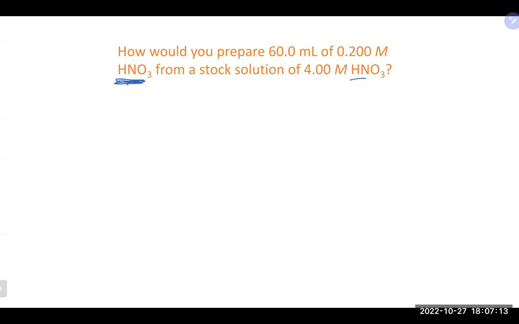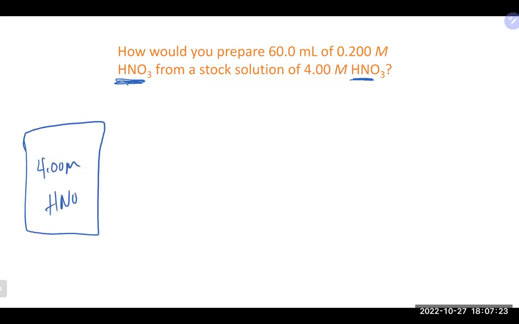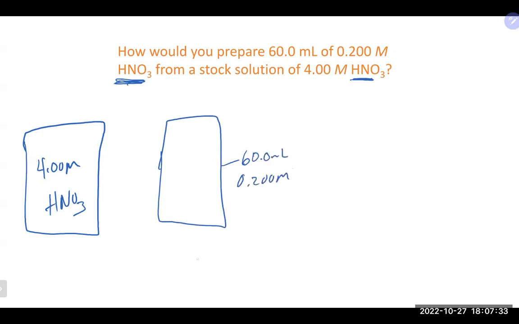We want to go from a more concentrated solution that has a concentration of 4 molar. So basically, we have a bottle sitting there that is 4 molar nitric acid. And we want to make a new bottle, basically our container that has 60 milliliters, and end up with a molarity of 0.2 molar nitric acid.